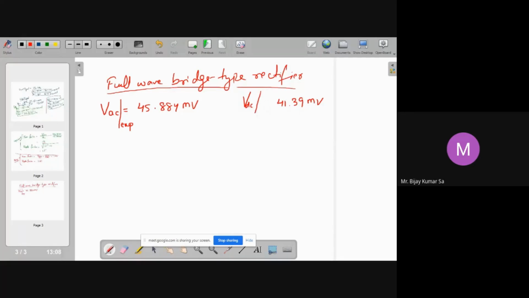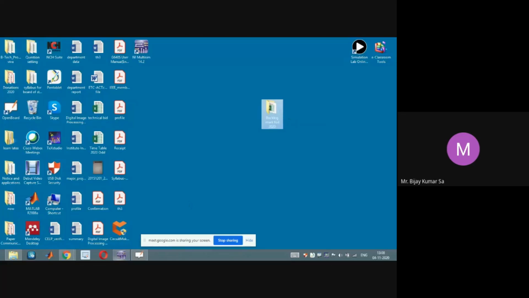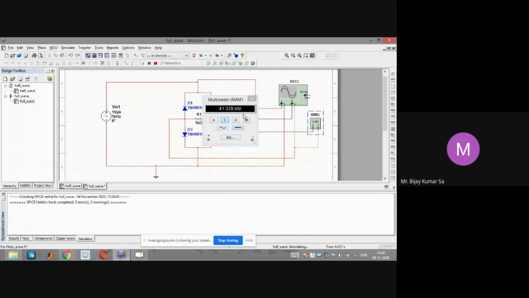This is VDC experimental. So I have got the experimental values of VAC and VDC. How much is it settling to? It is settling to 41.39 only.